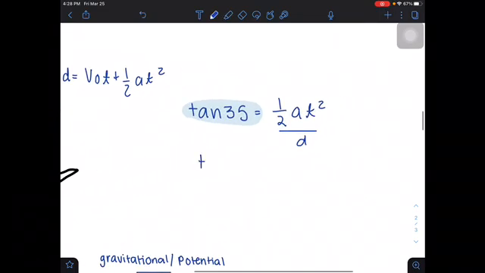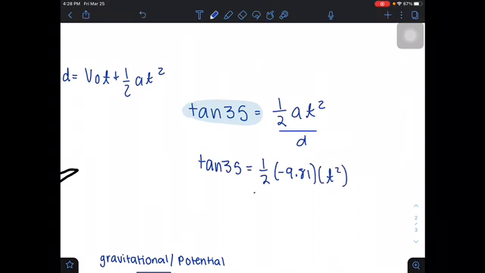So plugging in, we get tan 35 equals 1/2 times negative 9.81, because our acceleration is gravity, t squared over the distance, which was 5. And this gives us the time to be 0.85 seconds.